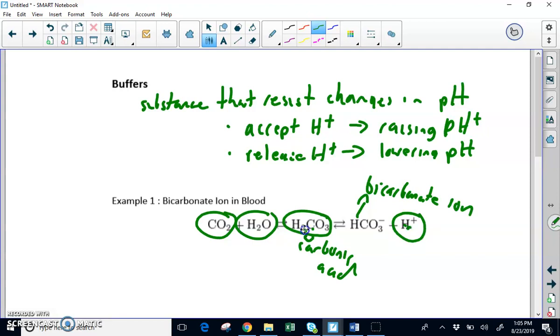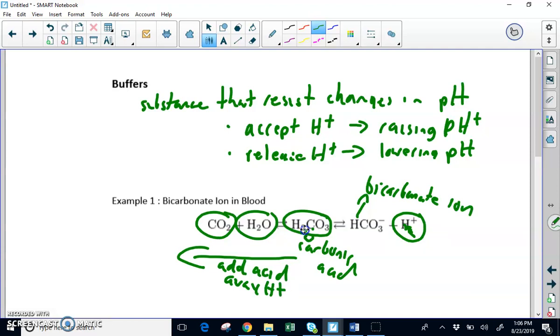If the blood gets too acidic, you want to take the H+ out of the blood, so this reaction is going to shift this way, pushing the reaction this way and reducing the amount of H+. So if we add acid, your blood gets too acidic, and it's going to shift away from H+.